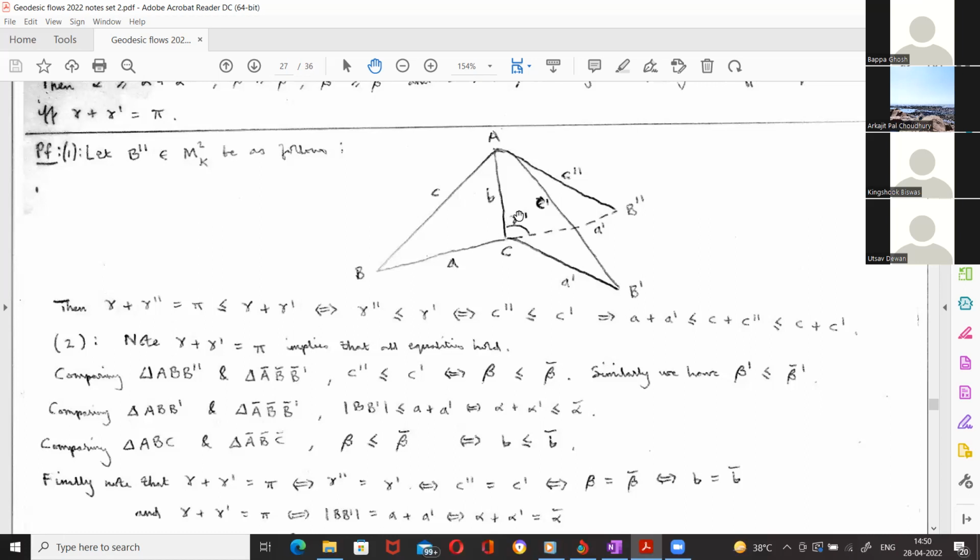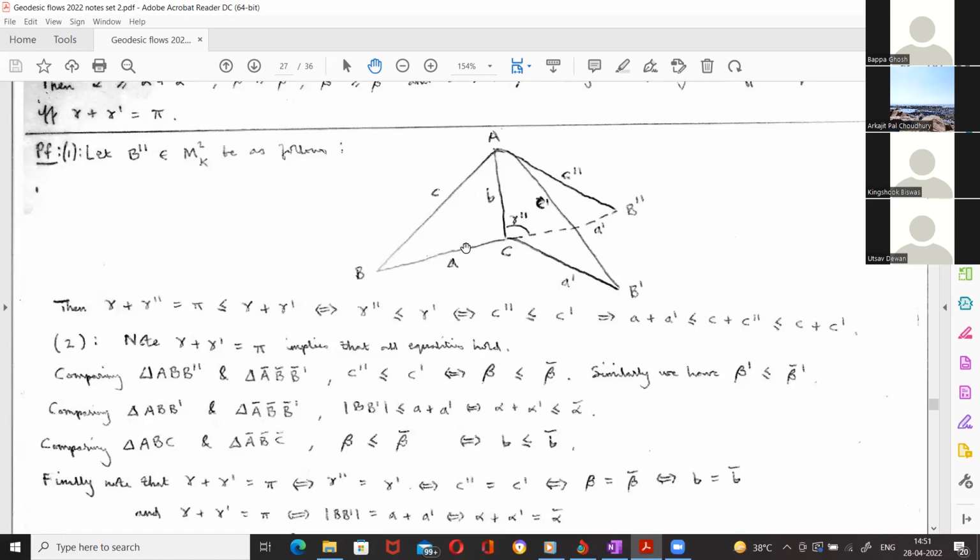Therefore, if this angle is smaller than this angle, then this side is less than or equal to this side. So that means that C double prime is less than or equal to C prime. Is that clear? If the angles are smaller, then the opposite sides have to be smaller.